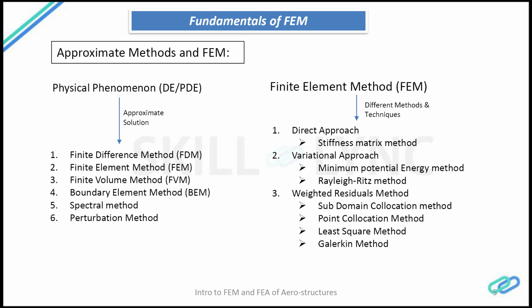The exact method is nothing but the closed-form analytical solution, which is the strength of materials or mechanics of materials. And the approximate methods are nothing but the numerical methods. So the finite element method falls into the category of approximate methods, I would say.